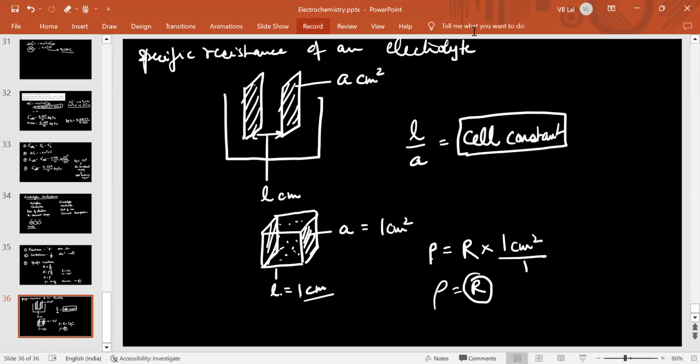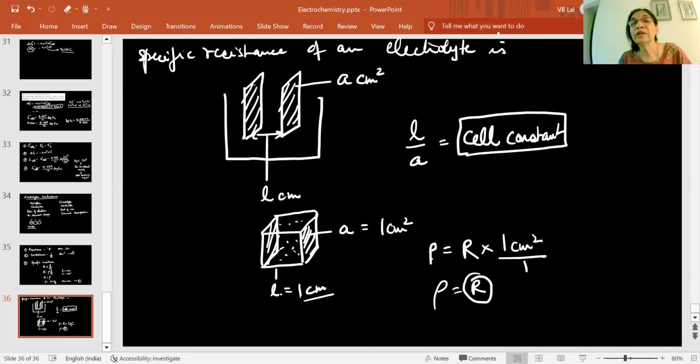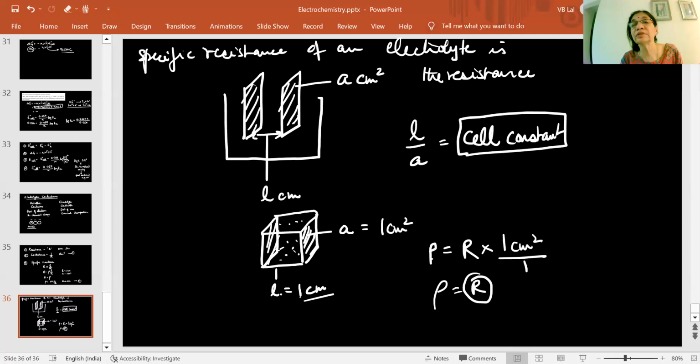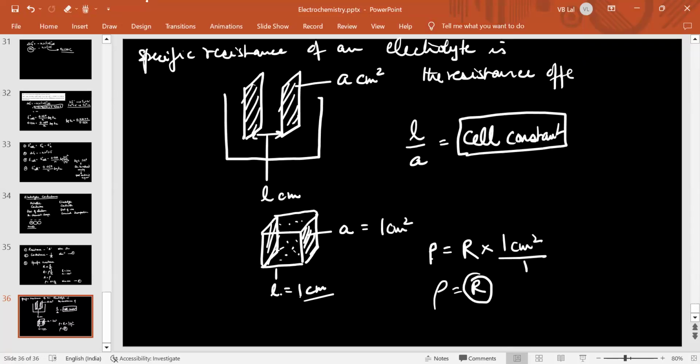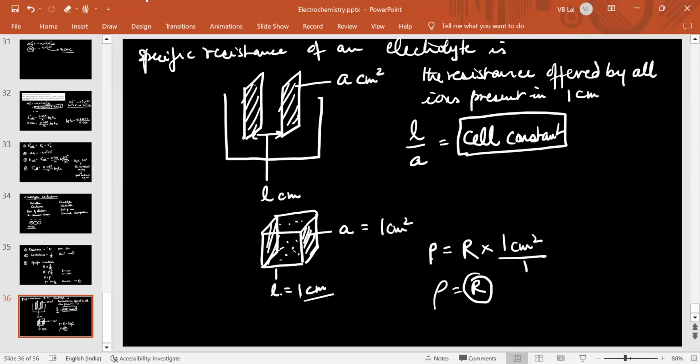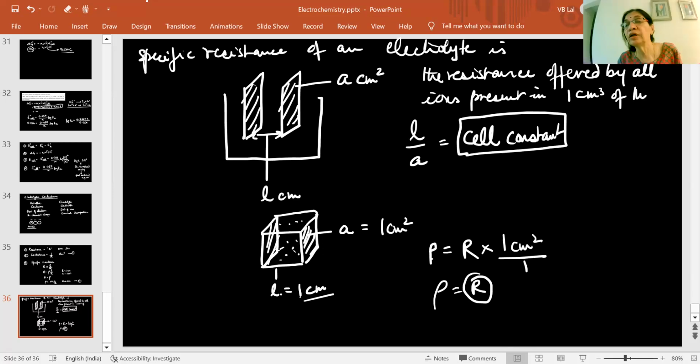Specific resistance of an electrolyte is the resistance offered by all ions present in 1 centimeter cube of the electrolyte.